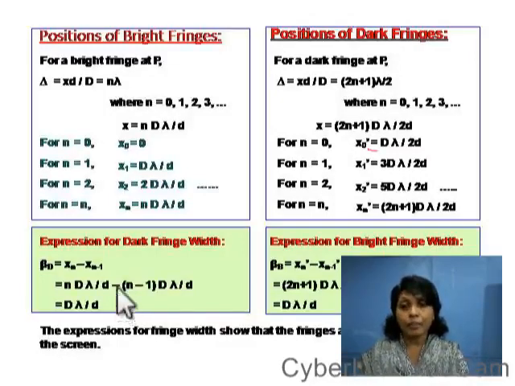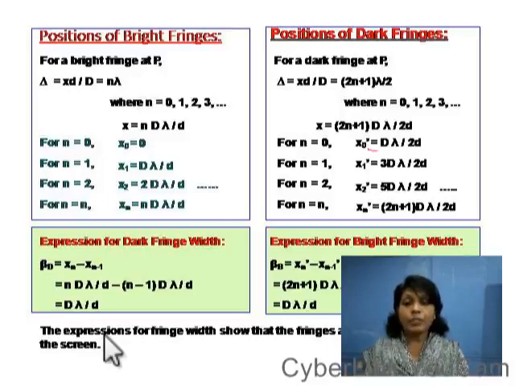For both dark and bright, the width of the fringe can be calculated by, say, xn, the nth bright fringe minus xn minus 1, the n minus first bright fringe, which gives d lambda by d. This is the expression for width of the fringe.